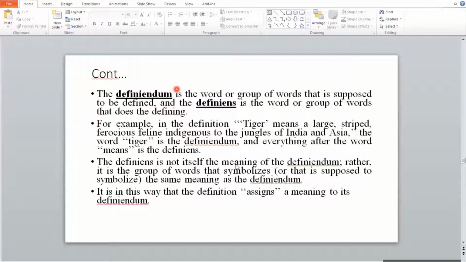So because of this, the definiens is not itself the meaning of the definiendum, rather it's a group of words that is supposed to symbolize the same meaning as the definiendum.